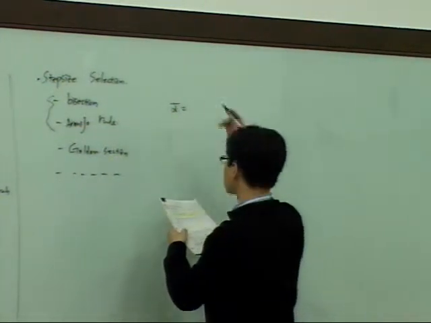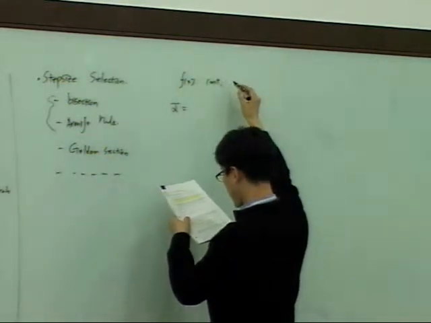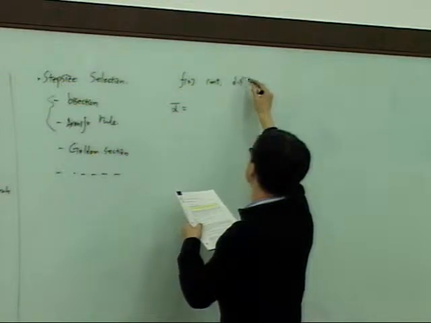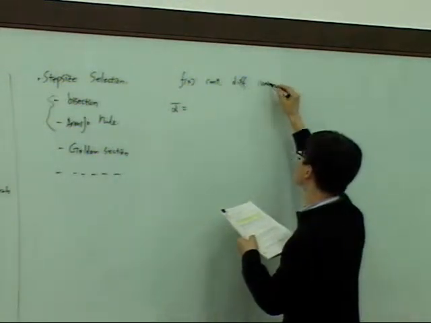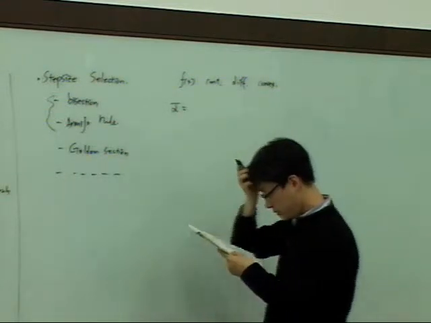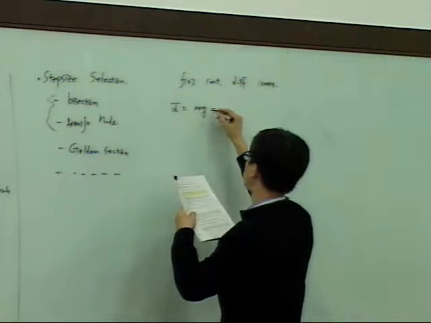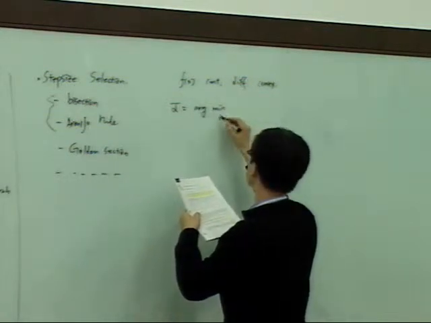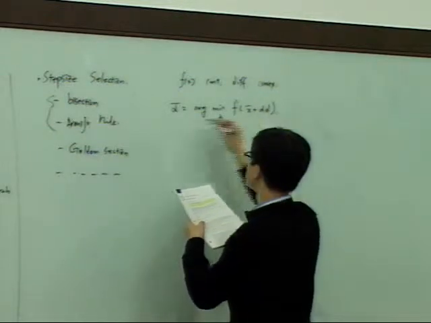Suppose that f is a continuous, differentiable and convex function, and we'd like to seek this: argmin over alpha of f(x bar + alpha d).